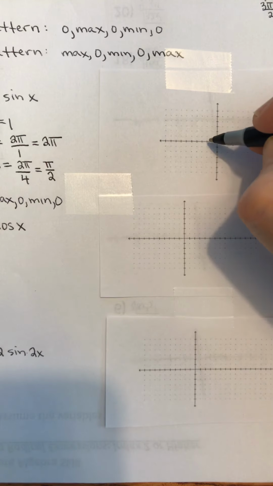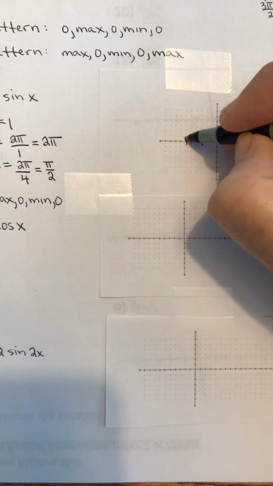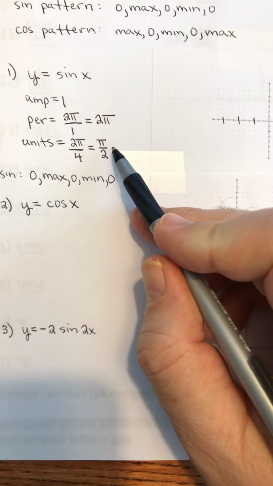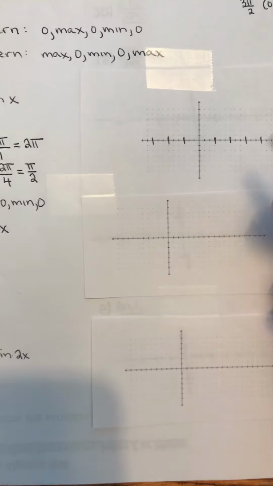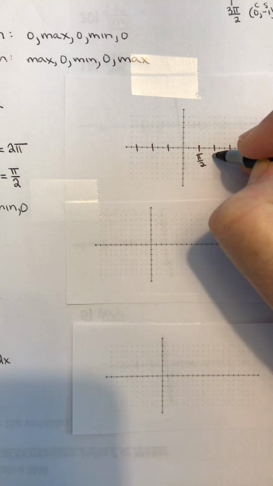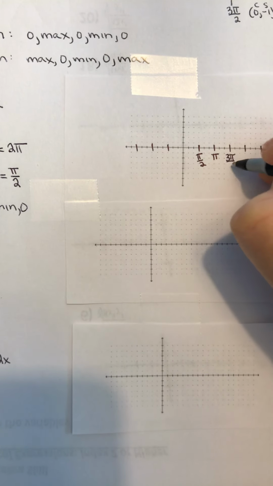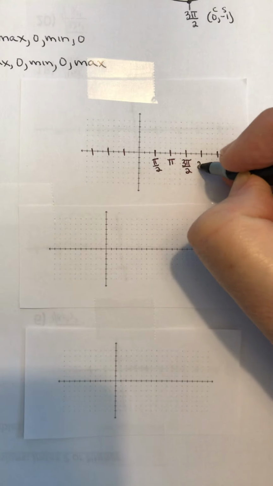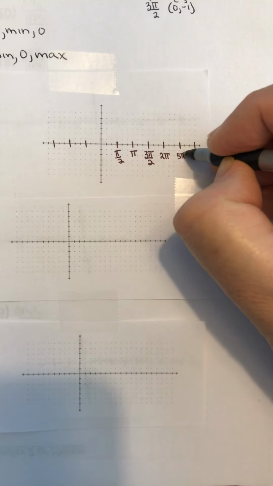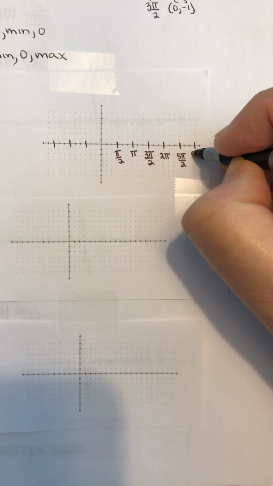And I'm going to go over here in the negative direction also. And each of my units now are pi over 2, these little marks. So this is 1 pi over 2, 2 pi over 2, 3 pi over 2, 4 pi over 2, 5 pi over 2, 6 pi over 2.